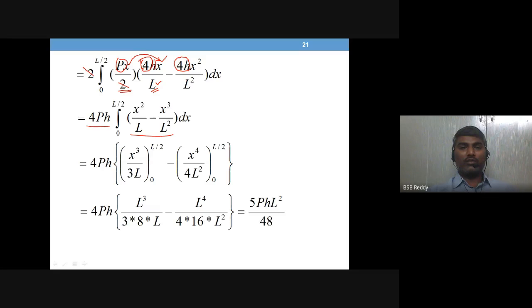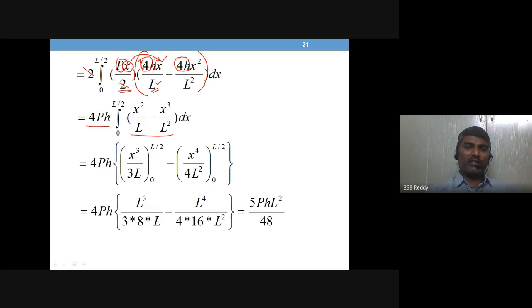Once you take 4Ph outside, what is remaining? There is an x outside the braces, don't forget this. So send x inside: x into x, x square by L first term, and x into x square, x cube by L square, another term. Now go for the integration process for each term.